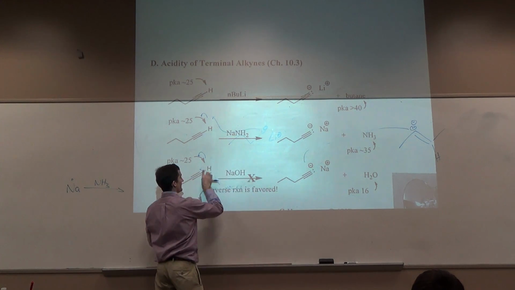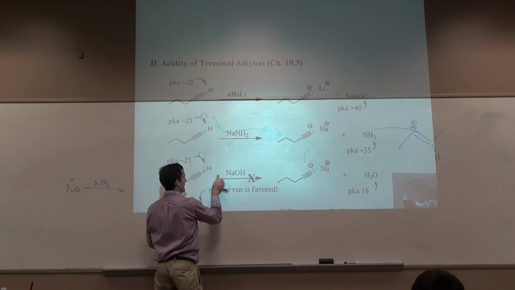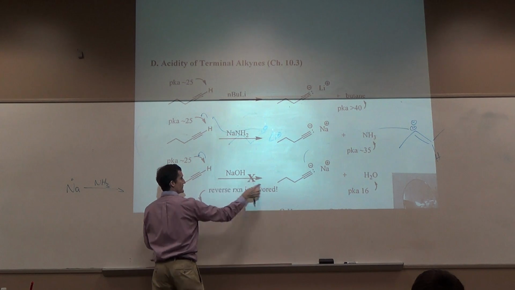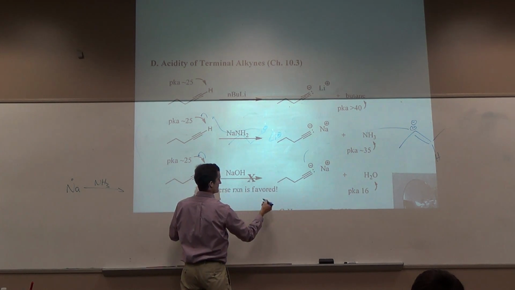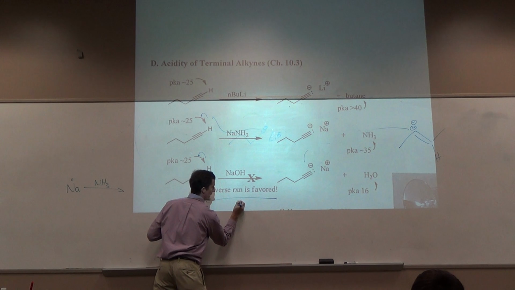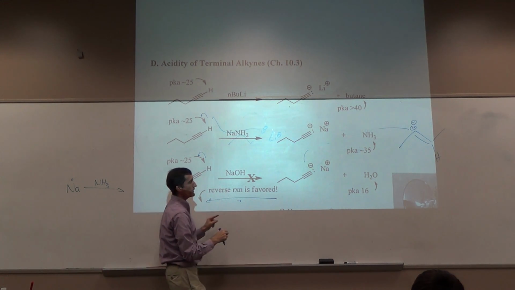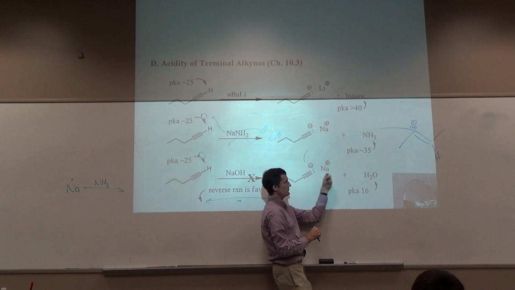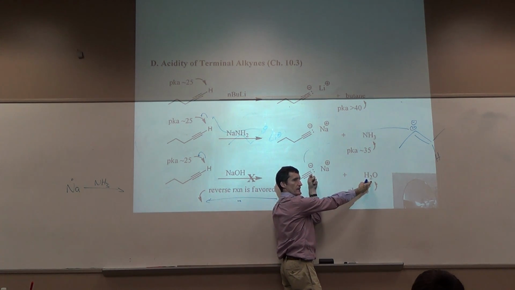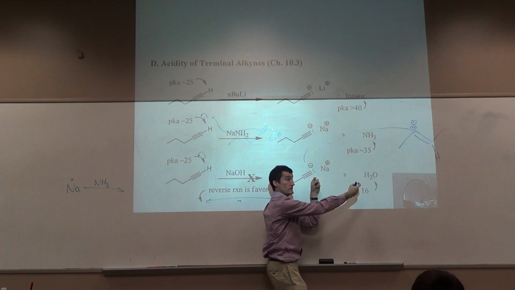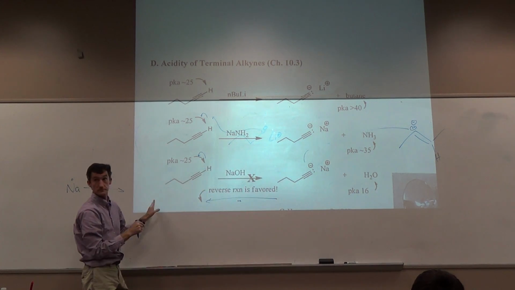So if you show the equilibrium here, which side's favored? It'd be this, right? This side's favored. What does that mean if you take this and put it in water? Will these react to do anything? They will go over here.